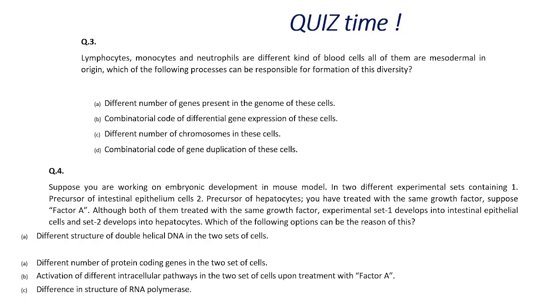Which of the following options can be the reason for this? Different structure of double helical DNA in two sets of cells, different number of protein coding genes in two sets of cells, activation of different intracellular pathways in the two sets of cells upon treatment with factor A, or the difference in structure of RNA polymerase.